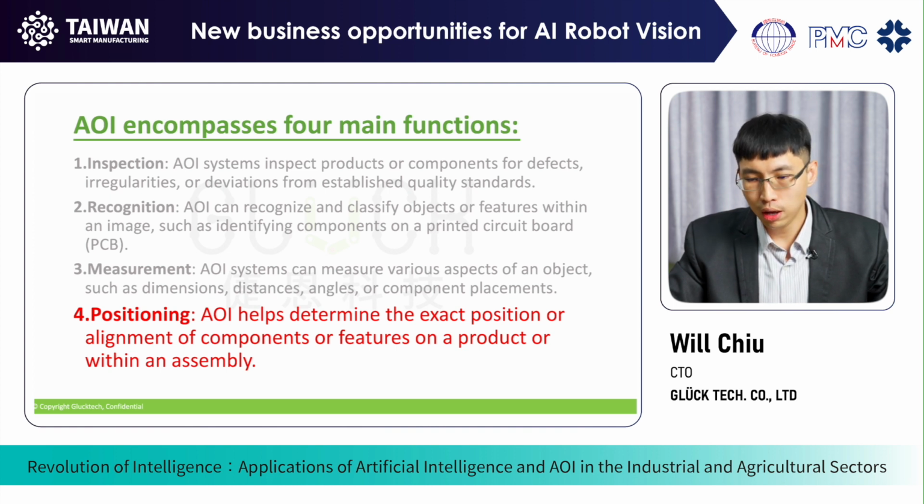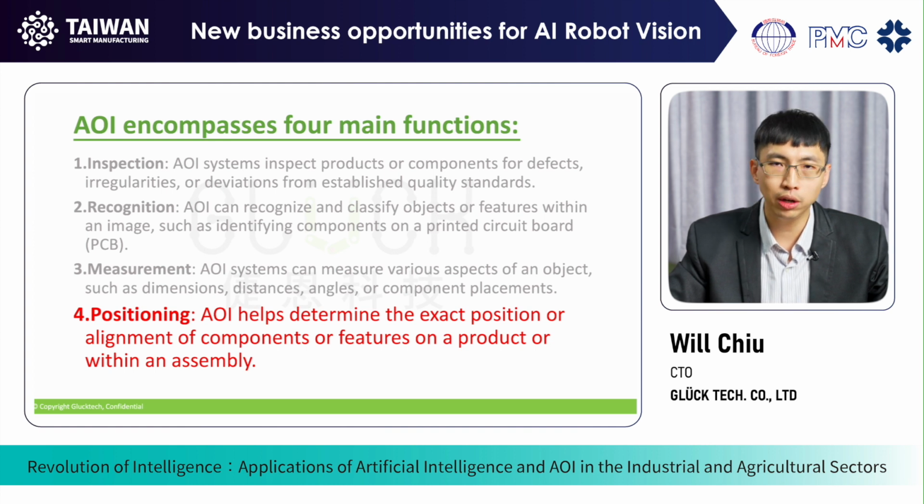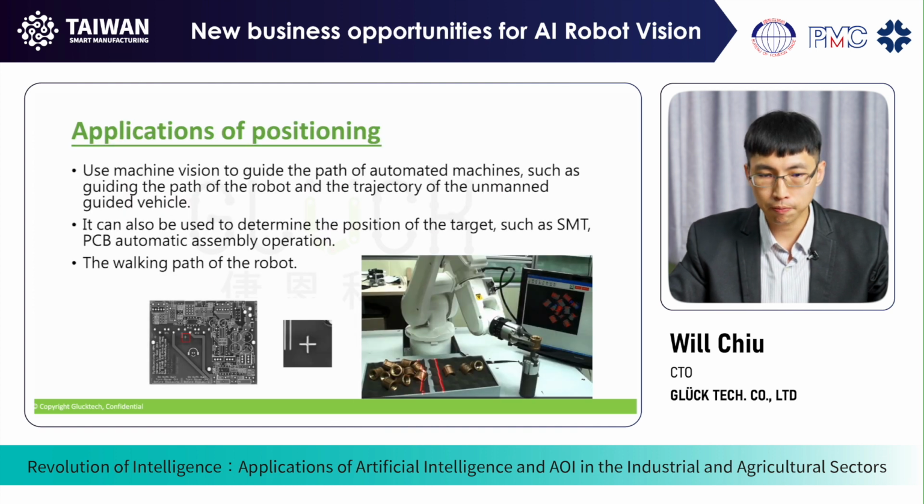This function collectively enables AOI to provide comprehensive inspection and quality control solutions in various industries, including electronics manufacturing, automotive, and more. And I will show you the application of the position in the next slide.